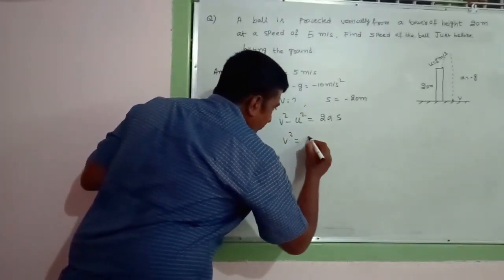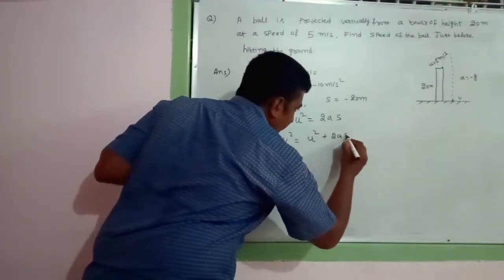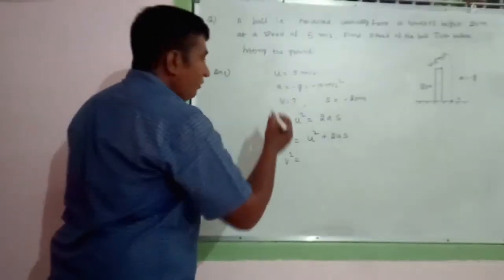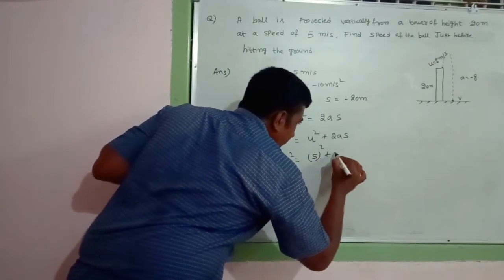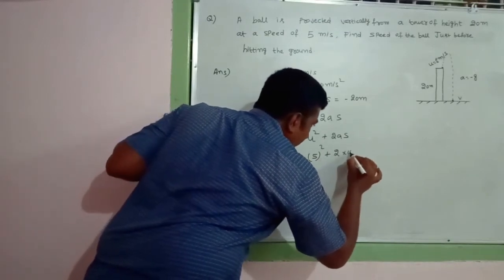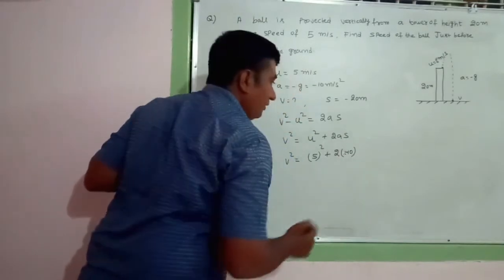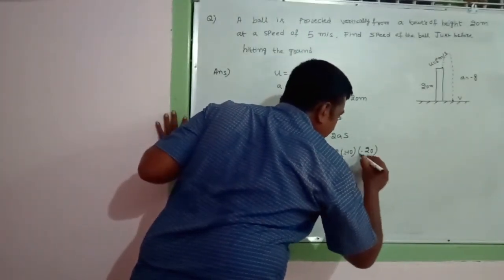I need to find the v square value. v square is equal to u square plus 2as. So v square is equal to u square, which is 5 square, plus 2 into minus 10, sorry, and then s value is minus 20.